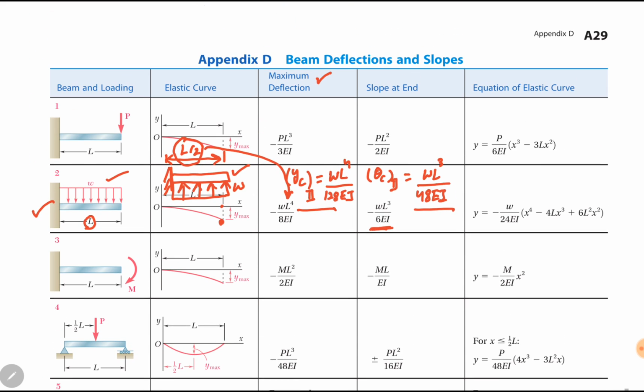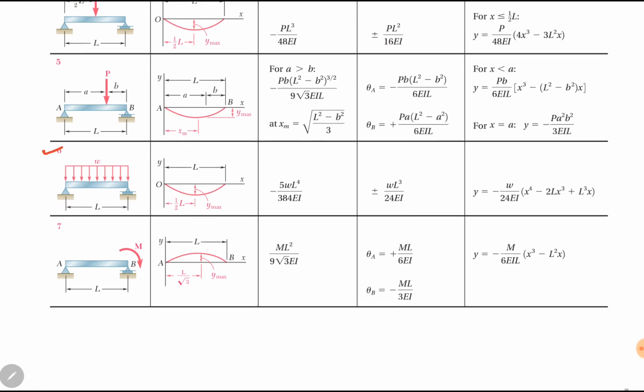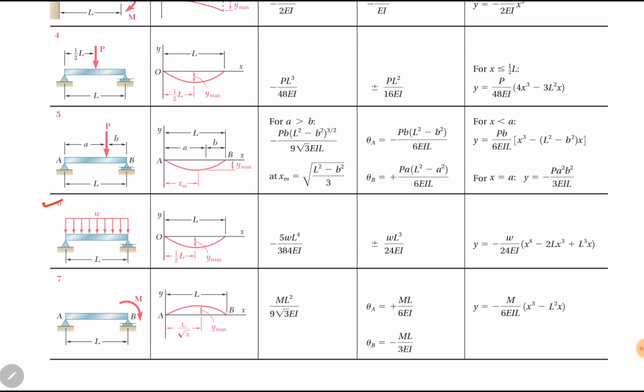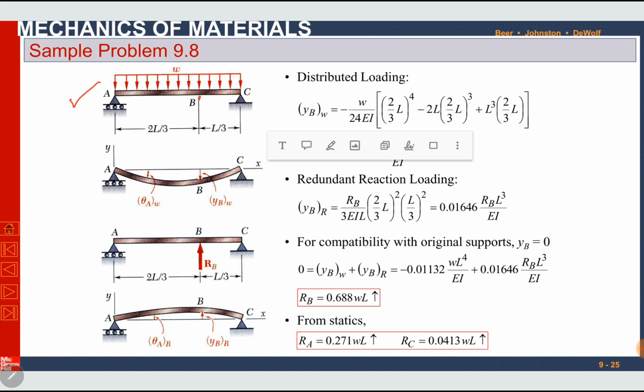Column number 3 is maximum deflection column. Here it is. But maximum deflection occurs at the midpoint. In our case, we have to find it at point B. Point B is not at the midpoint. It is at a distance of 2L by 3 from the left end.